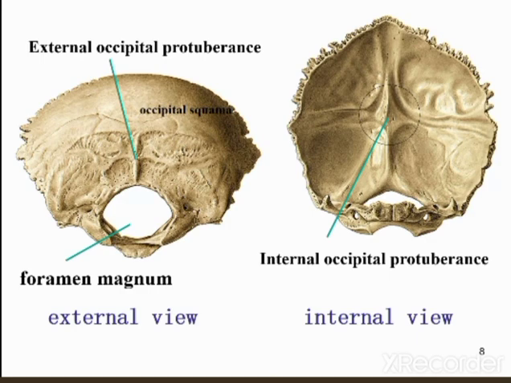The corresponding structure inside. Here, this structure named internal occipital protuberance. The three structures name is better remember: the foramen magnum, the external occipital protuberance, and the internal occipital protuberance.